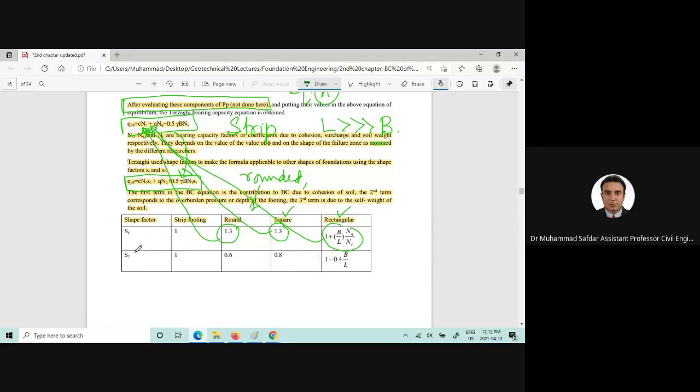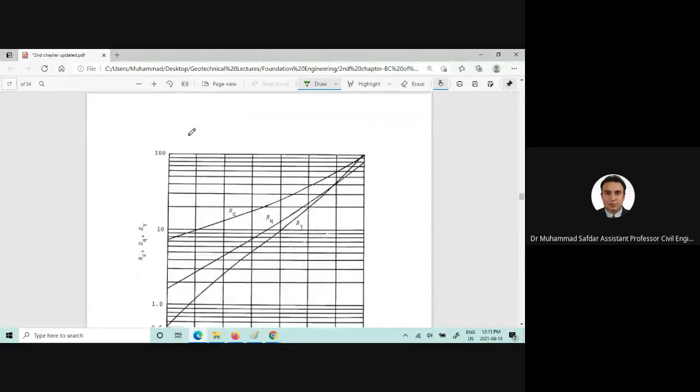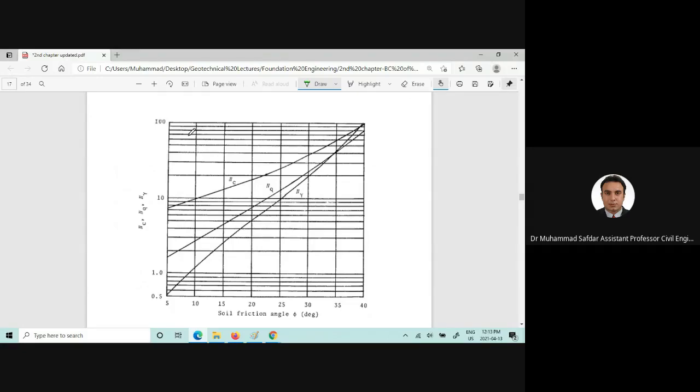Then we have Sc and S gamma, related to the third term, for the round, the square, and the rectangular as well. These are the shape factors which Terzaghi proposed later on to account for different shapes of foundations. He made our life much easier by avoiding the calculations involved in finding Nc, Nq, and N gamma.